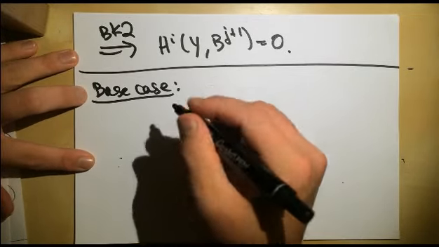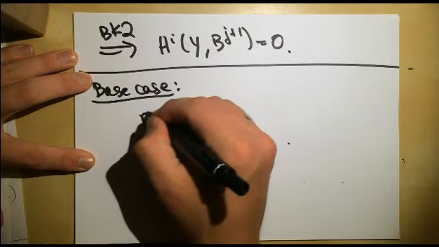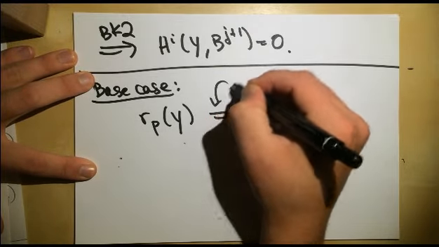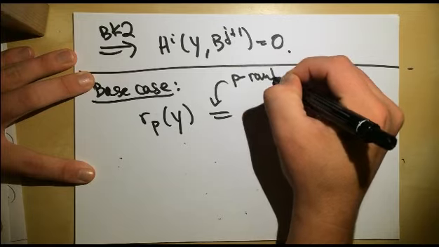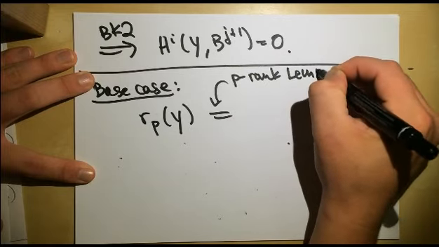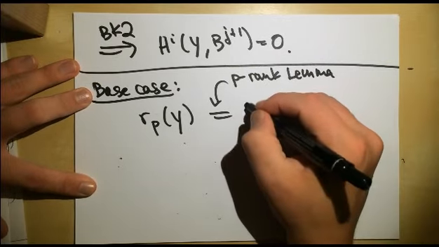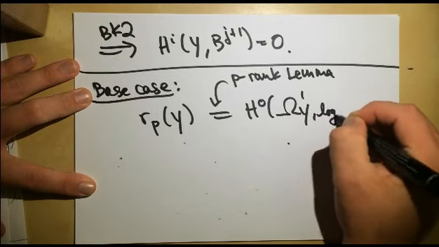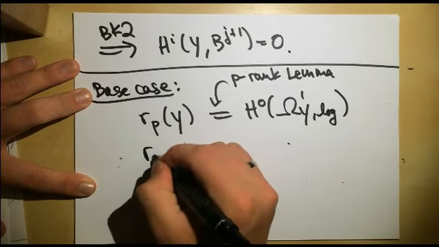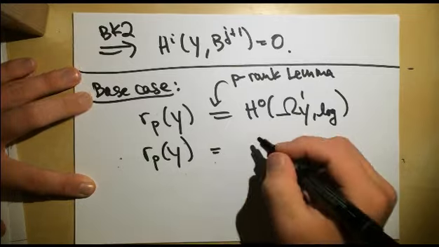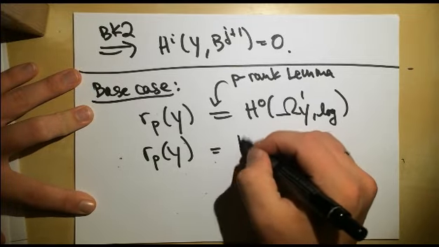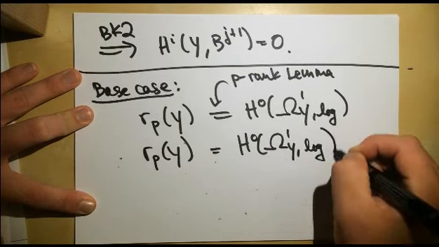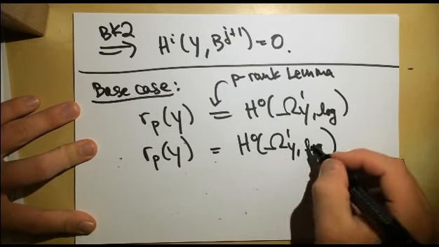So we have that the p-rank, from here, the p-rank here. So this is from the p-rank lemmas. We said that this is H^0 Omega^1 y log, like this. And then we also have here that this is equal to H^0 omega^1 y log. Oh sorry, this is this.